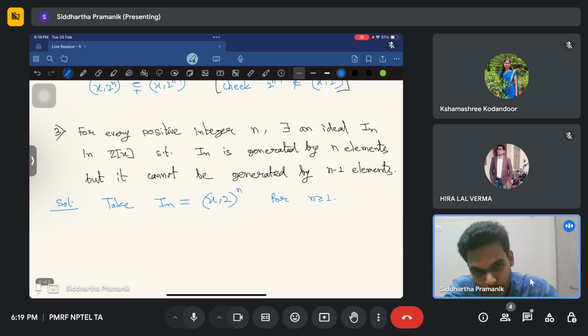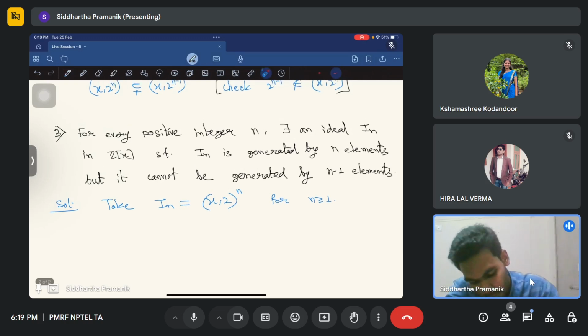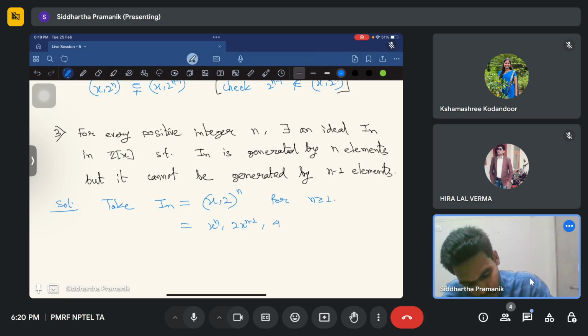Then you have to verify that it is exactly generated by n elements. That is easy to see because it is like x^n, 2 times x^(n-1), 4 times x^(n-2), and so on up to 2^n.